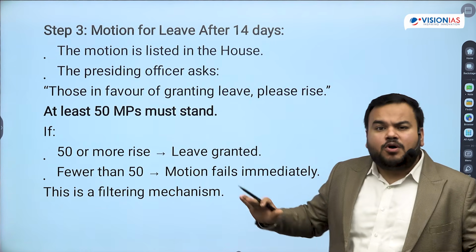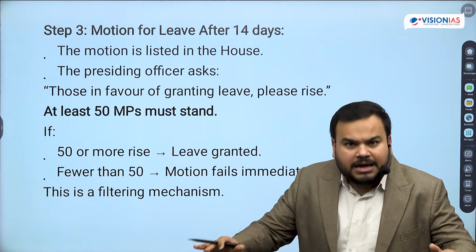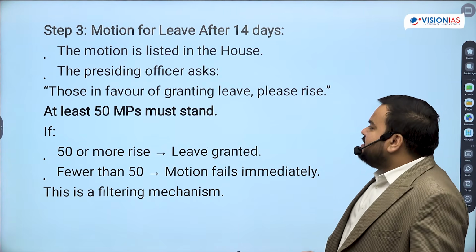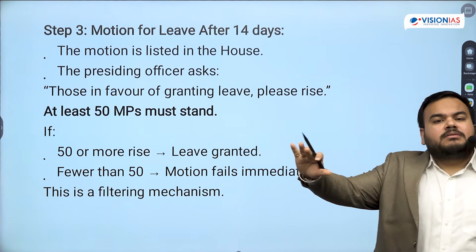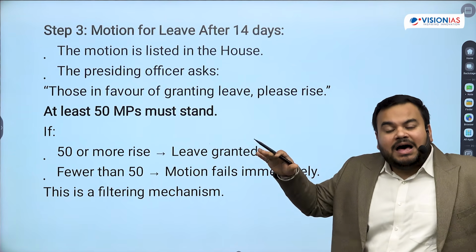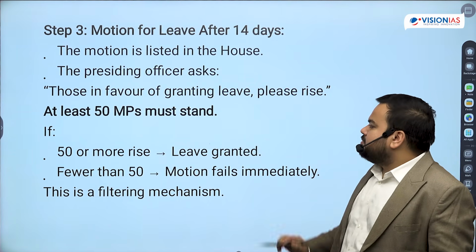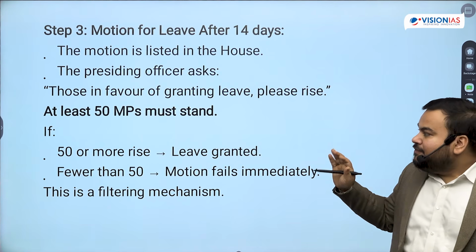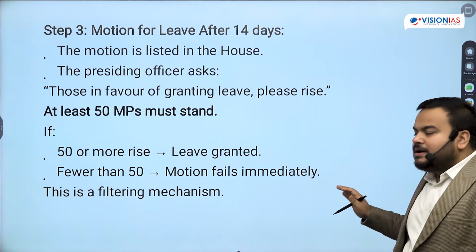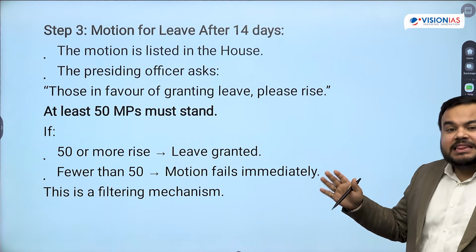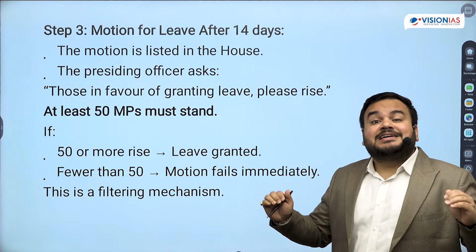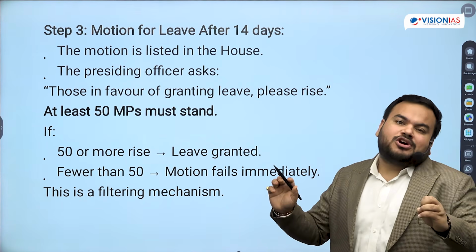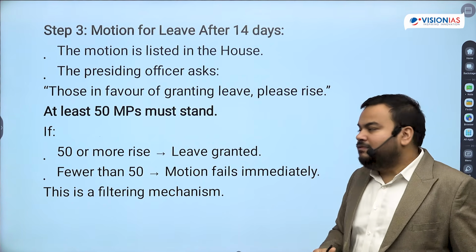The presiding officer, on the day we take up that resolution, will tell all the members of the House who are in favor of this motion to rise. At least 50 members of Parliament must stand, and only then is leave granted for the discussion of that resolution for the removal of the Speaker of Lok Sabha.